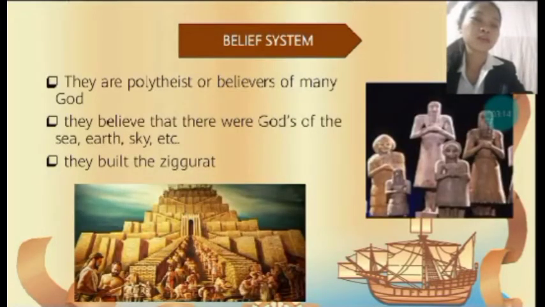Next is the Sumerian belief system. The Sumerians were polytheists, or believers in many gods. They believed that there were gods of sea, earth, and sky. They believed that their gods were powerful and immortal, and that the power of their gods was absolute.